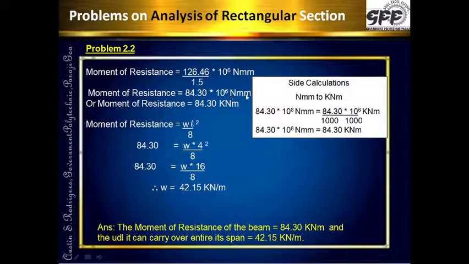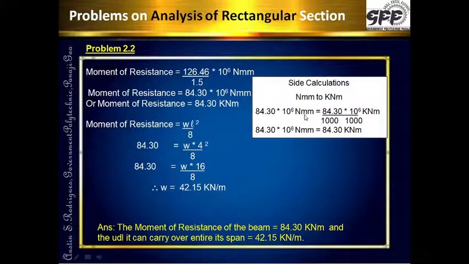I would like to convert this Newton mm to kilonewton meter. 84.30 × 10^6 Newton mm. Please note, from Newton to kilonewton, Newton is small, kilonewton is larger, so we divide by 1000.